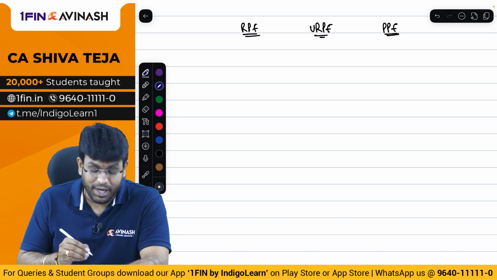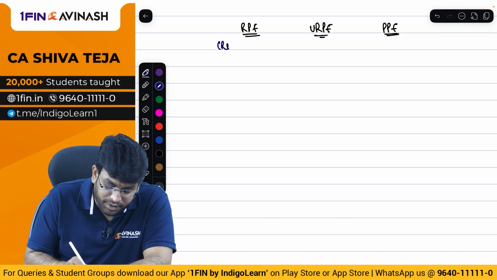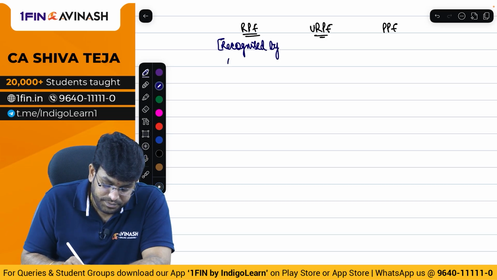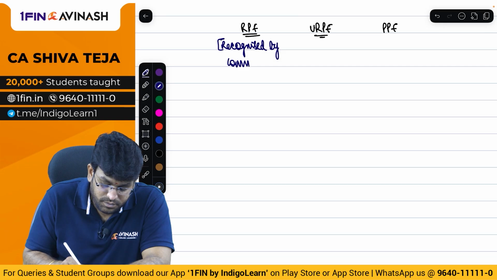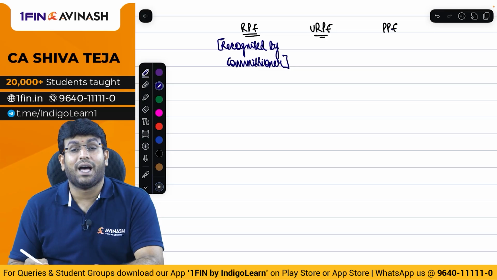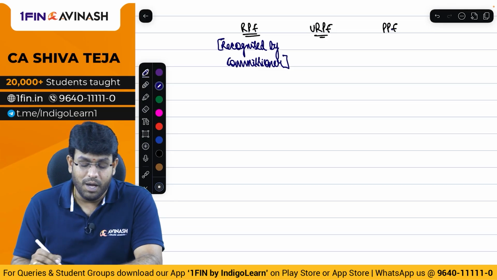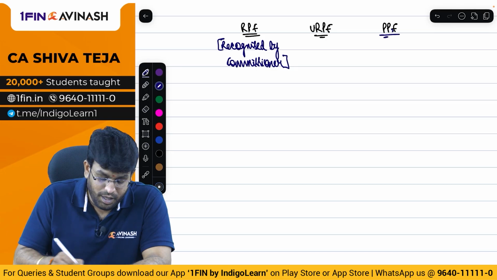RPF stands for Recognized Provident Fund, and that is recognized by the Commissioner. URPF is Unrecognized Provident Fund. And PPF stands for Public Provident Fund.